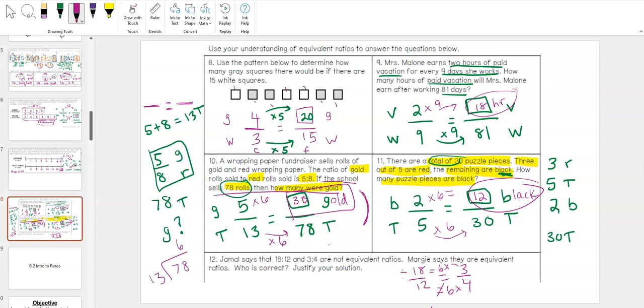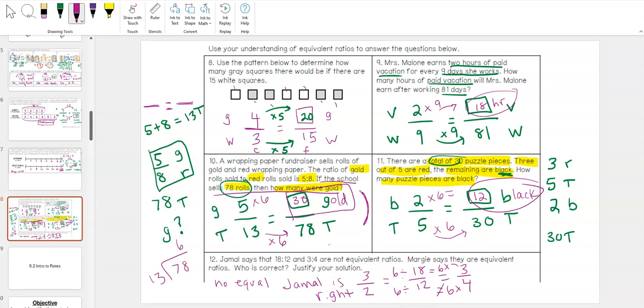I could also divide both of these by 6 and get 3 over 2. So I know that they're not equal. So Jamal is right.